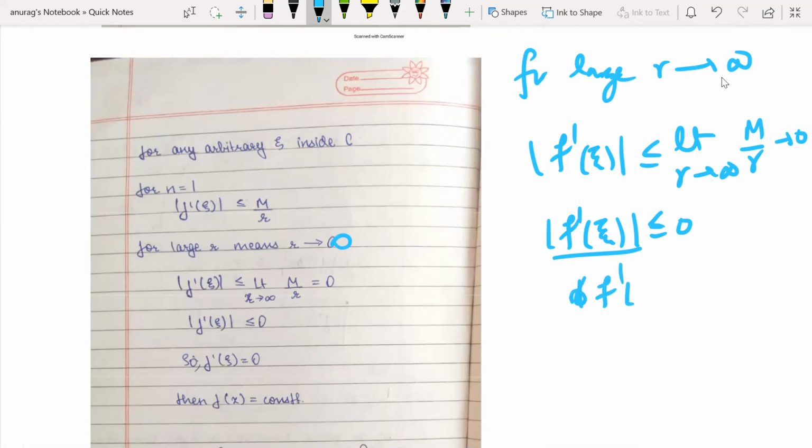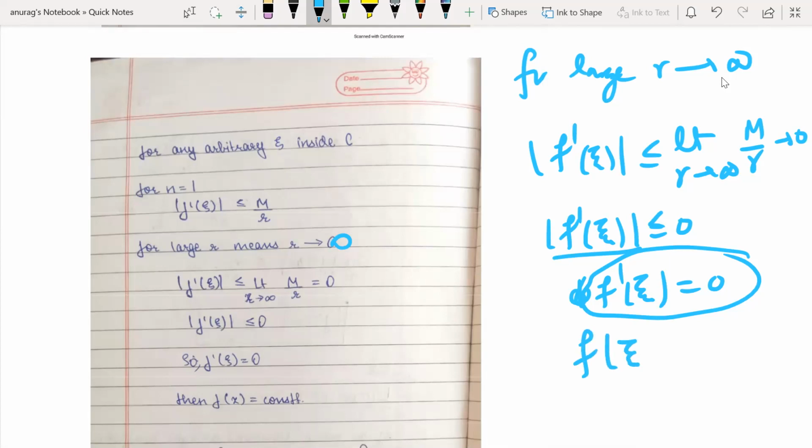So the only possibility is that f dash xi equals 0, because mod cannot be negative. If the derivative is 0, then the function must be constant. So for every xi, every z, the function is constant.